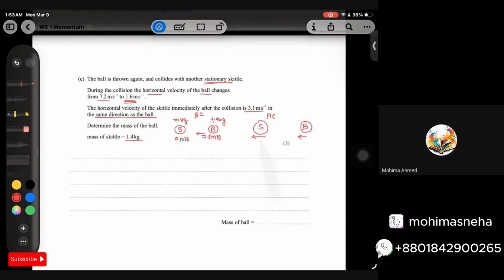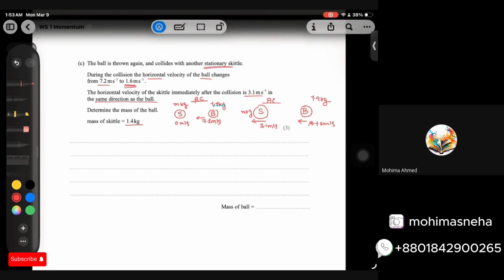This one's velocity is given as 3.1 meters per second with m kg, which I have to calculate. And this is at 1.6 meters per second with 1.4 kg. Even though after collision they are traveling in the same direction, they're not connected. They're separate from each other.